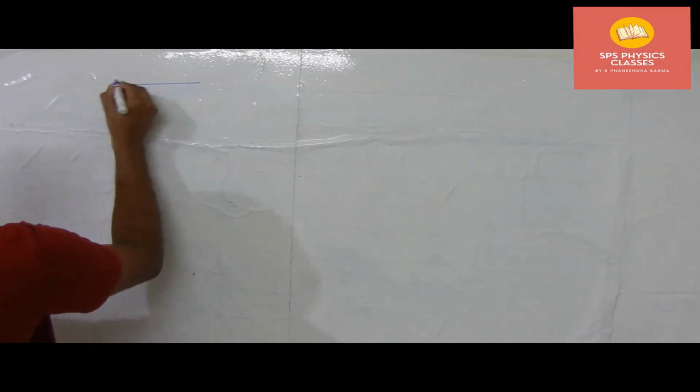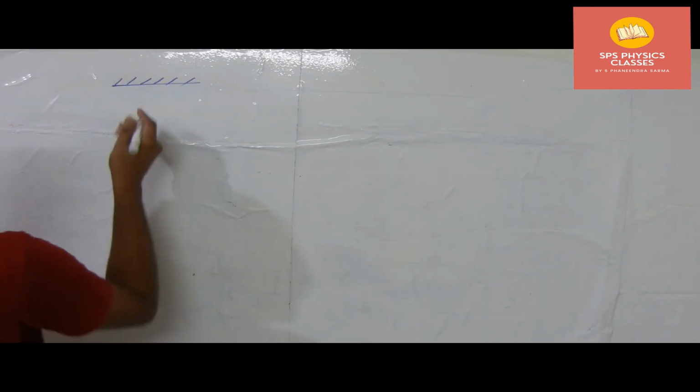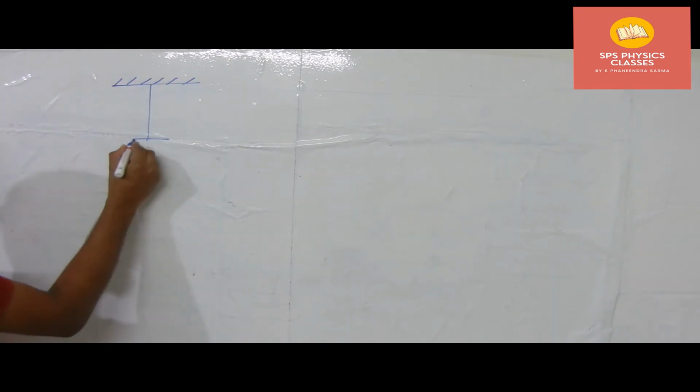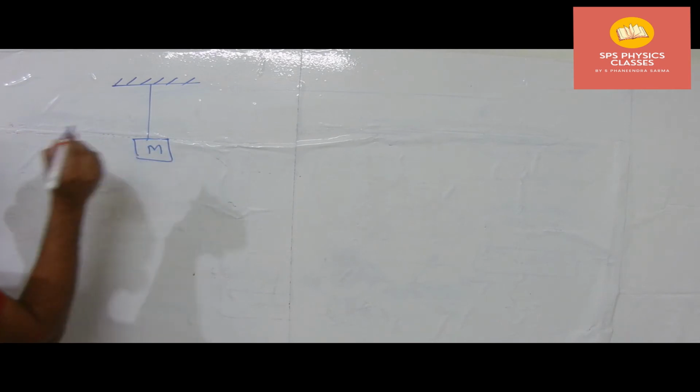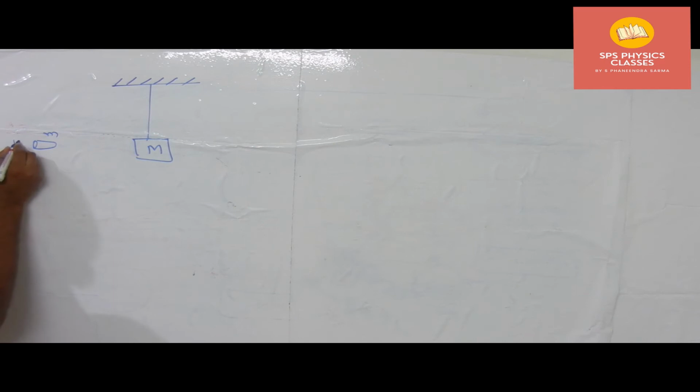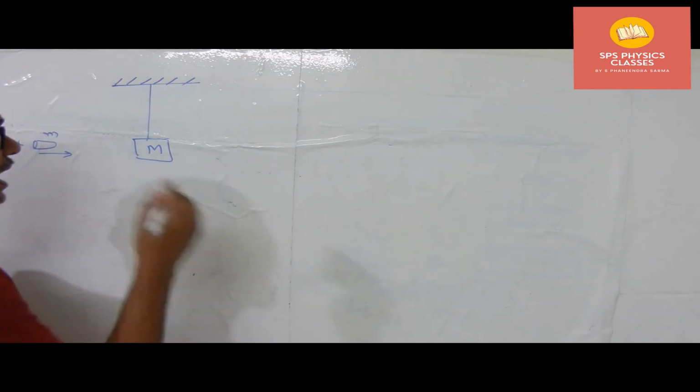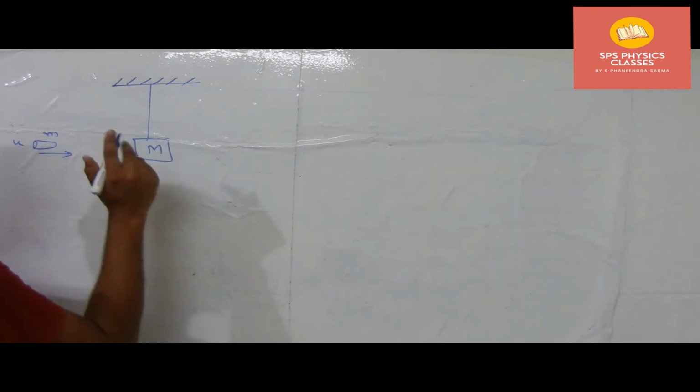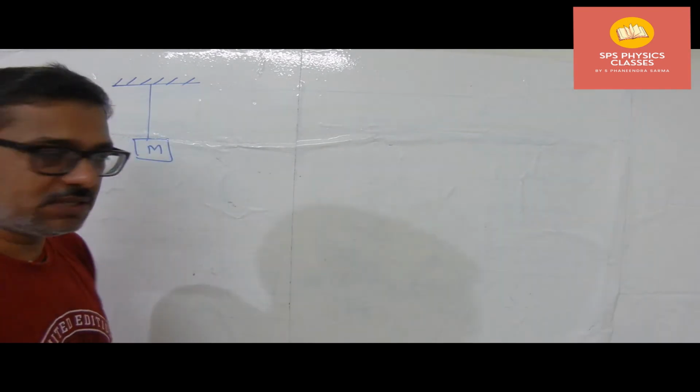For example, this is the rigid support and we have a block having mass capital M and a small bullet having mass m with initial speed u moving and hitting the block. In this particular case, we have two situations.